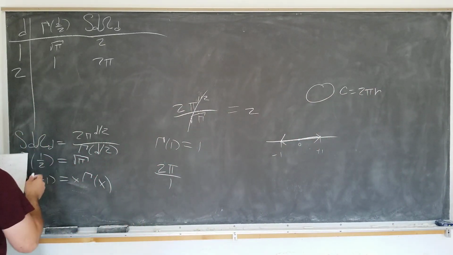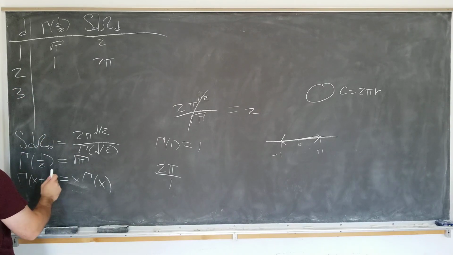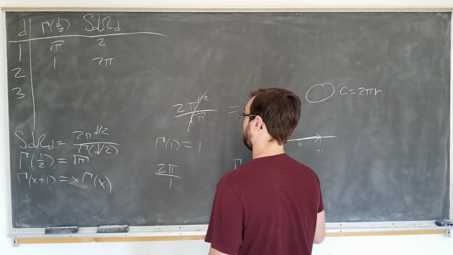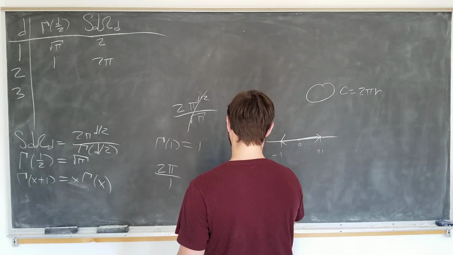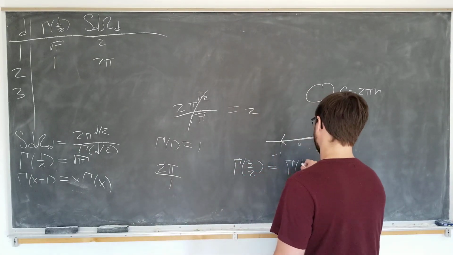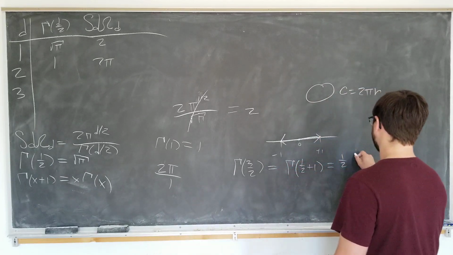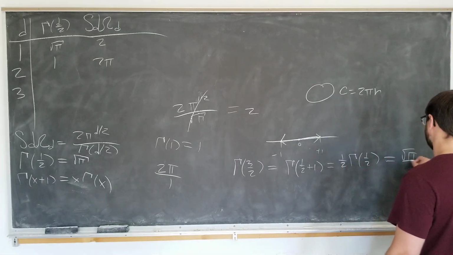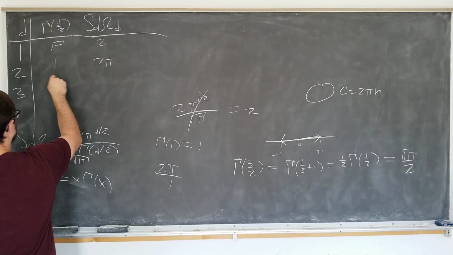And for d equals 3, we're going to be able to use the functional equation. So gamma of d over 2 here is simply gamma of 3/2, which we can rewrite as gamma of 1/2 plus 1, which is just 1/2 gamma of 1/2, which is the square root of pi over 2. Excellent, square root of pi over 2.